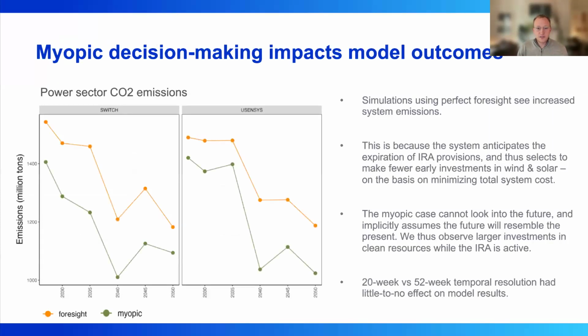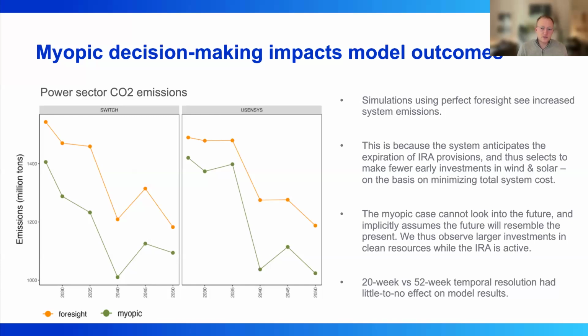Next slide, please. And so what we find is that myopic decision-making, at least in the current policies scenario, impacts model outcomes. And to illustrate this, again, we'll use the power sector emissions. Again, here we're looking at Switch and US Census emissions, but it's consistent across all 4 models. And we're comparing the case of perfect foresight in orange to myopic decision-making in green.